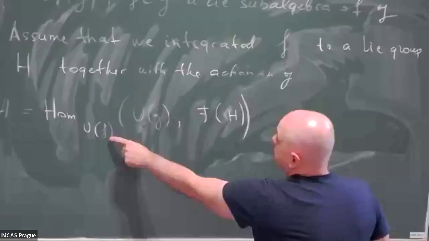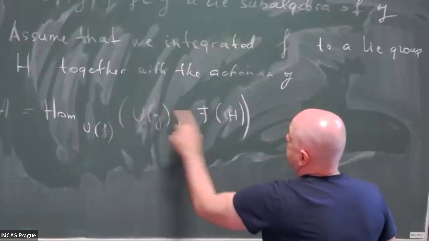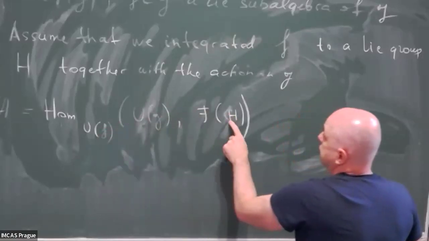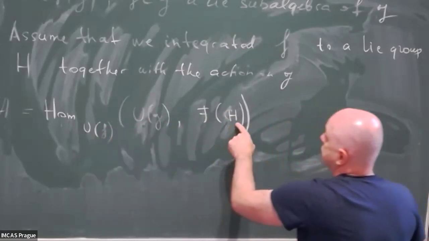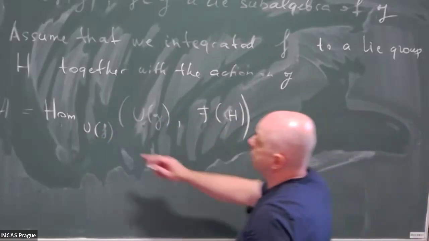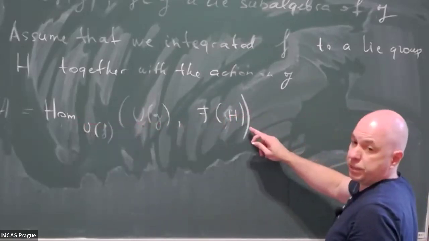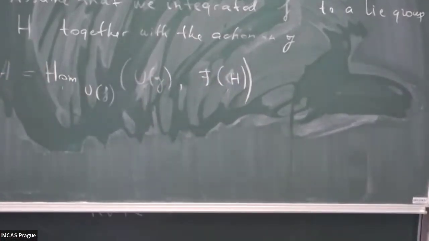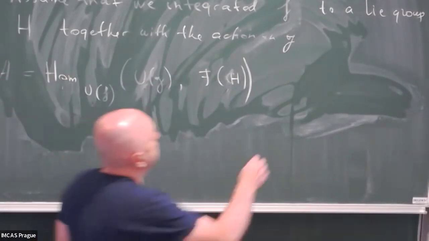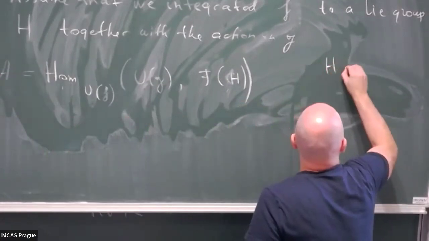And here we extend the action of Gothic h to capital H by left invariant vector fields, and then the whole U(h) will be acting on functions here. Then we consider the maps which are invariant with respect to such a module structure. This is called a Harish-Chandra pair integration.